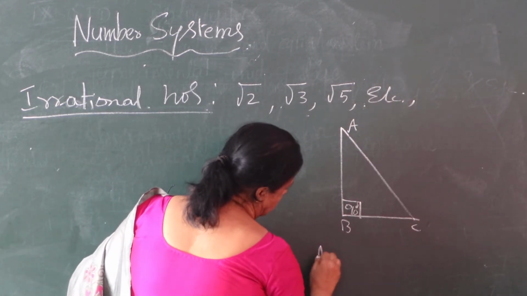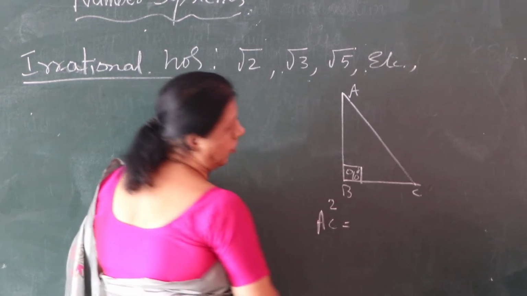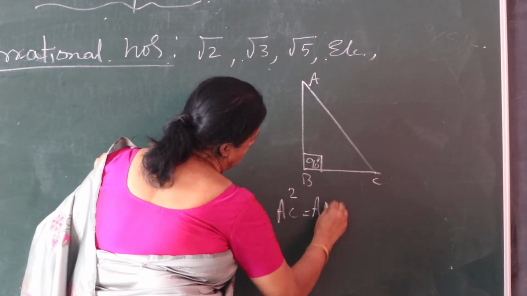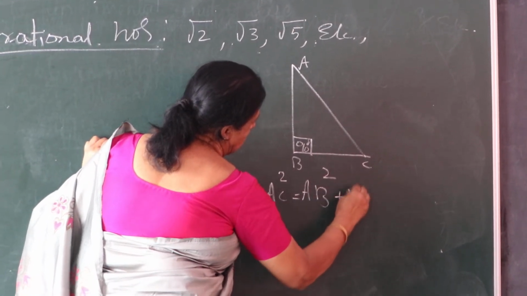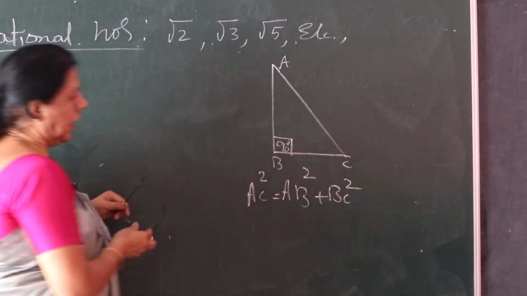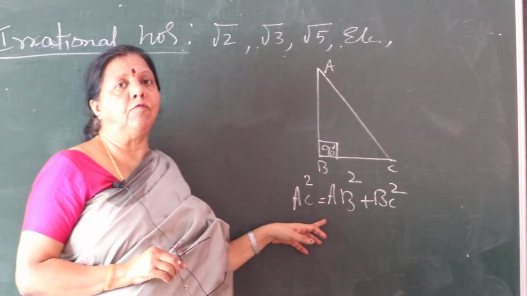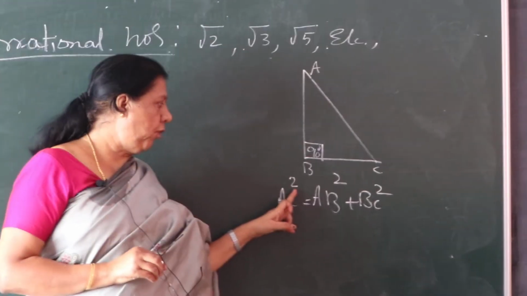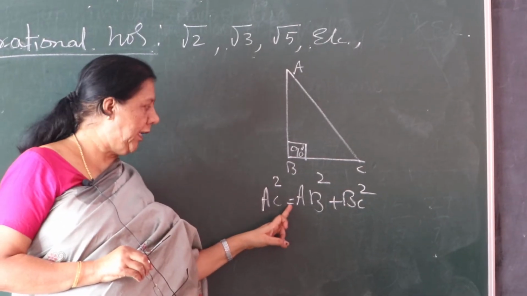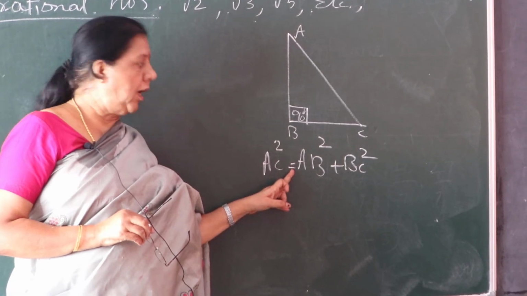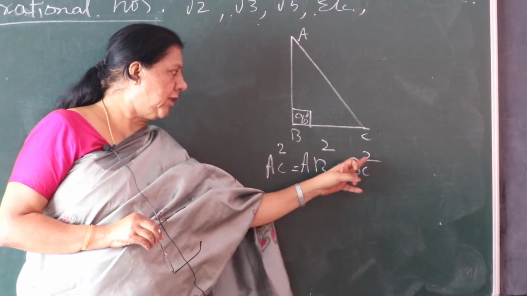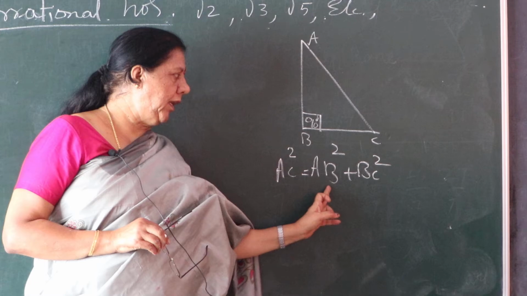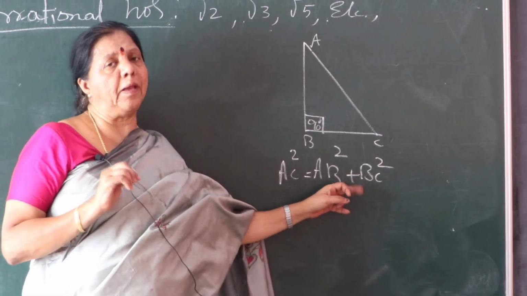AC square is equal to AB square plus BC square. Seeing the formula itself we can state the Pythagoras theorem. The square of the hypotenuse is equal to the sum of the squares of the other two sides. So this is the Pythagoras theorem.